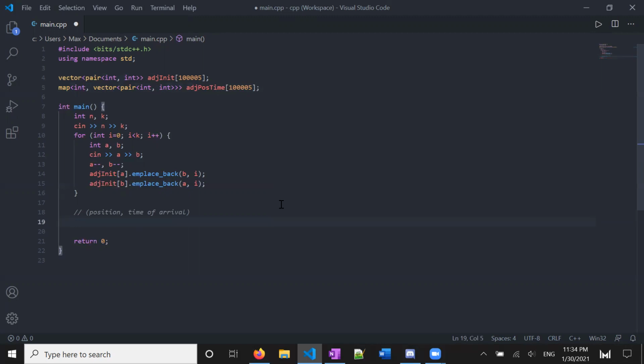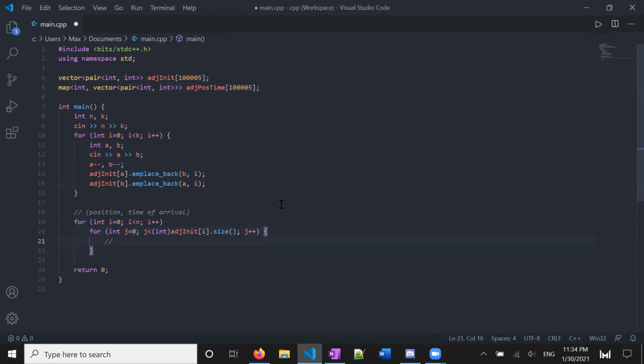So let's do this. I'm going to iterate over every single position, and then iterate over the adjacency list.